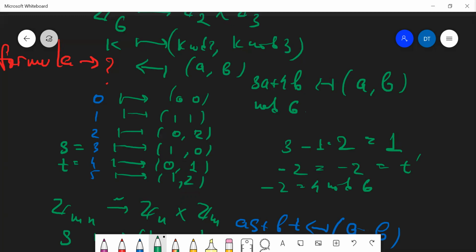So it doesn't matter which element you use. I just wanted to show you that the rule below may give you a negative integer, but it doesn't matter.